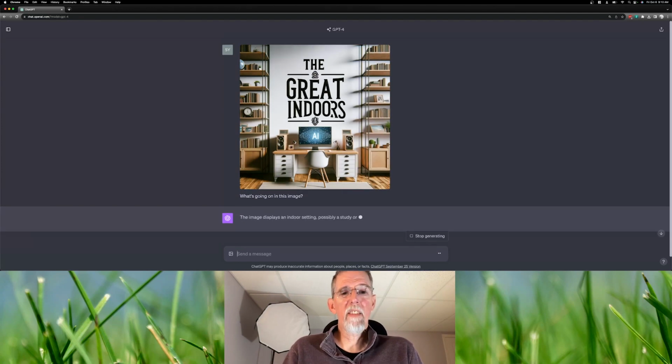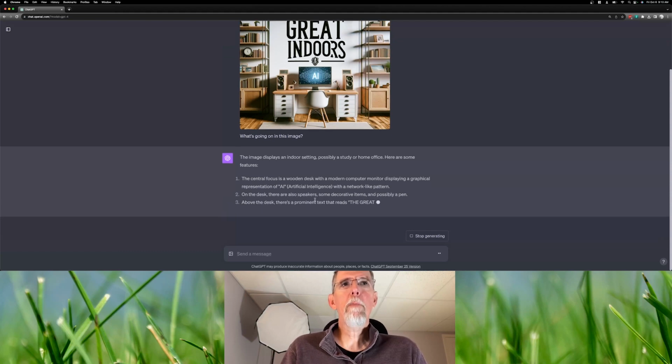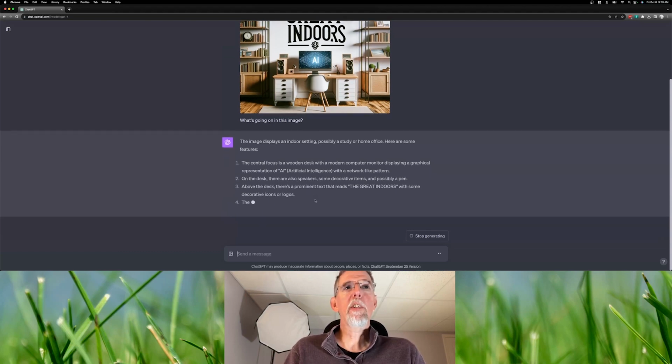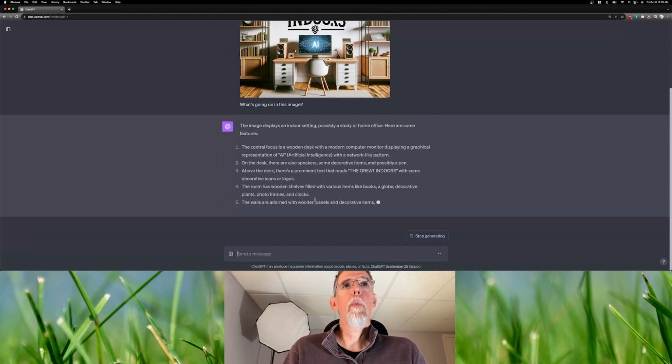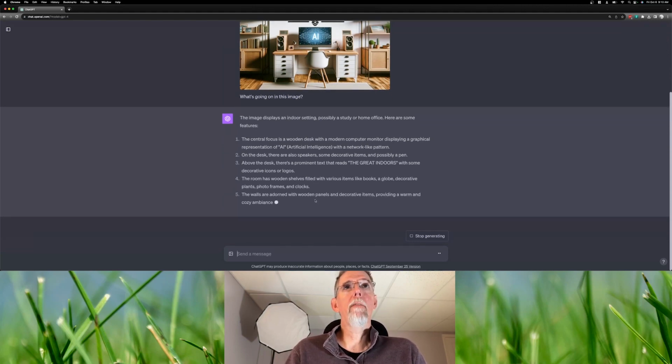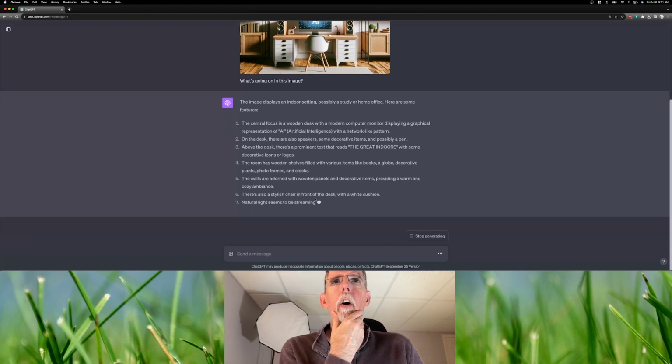That was really fast. The image displays an indoor setting, possibly a study or home office. Here are some features. The central focus is a wooden desk with a modern computer monitor displaying a graphical representation of AI, artificial intelligence, with a network-like pattern. That's pretty good. On the desk, there are also speakers, some decorative items, and possibly a pen.